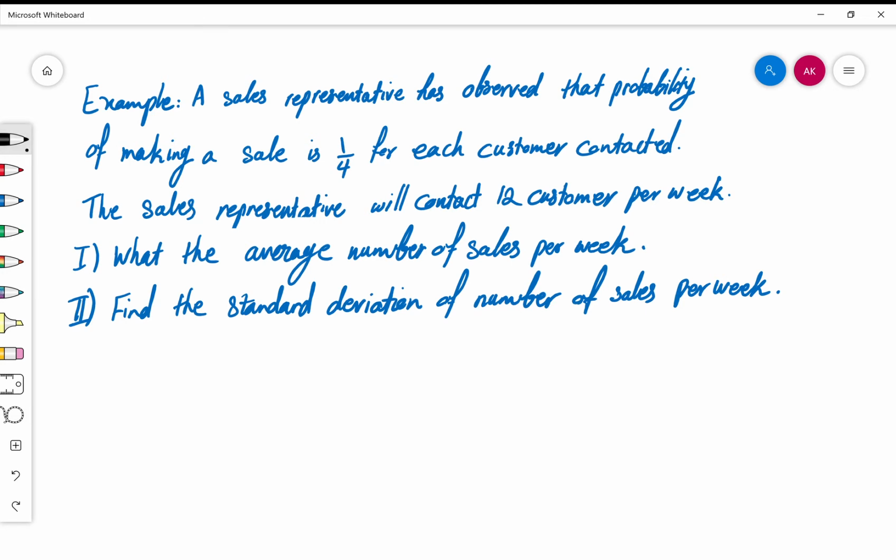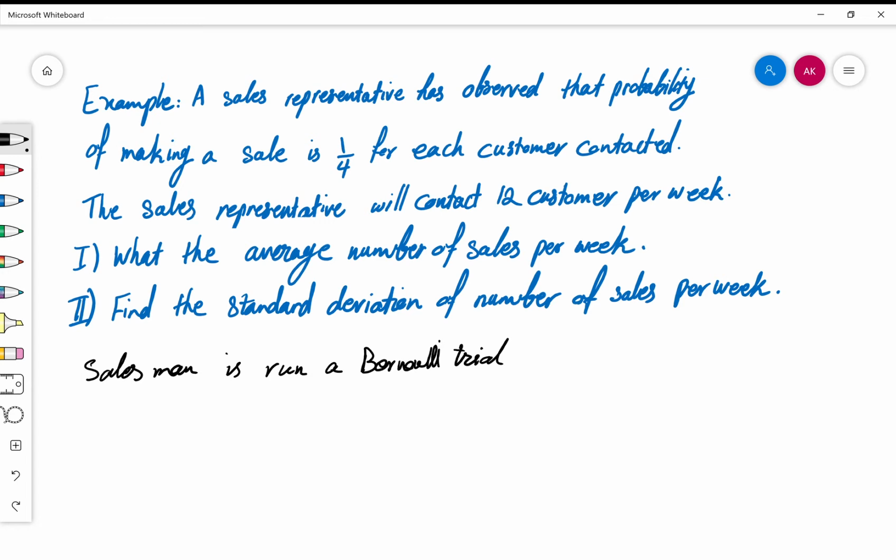First thing we have to note is that basically the salesman is running a Bernoulli trial. And what are the components of Bernoulli trials?